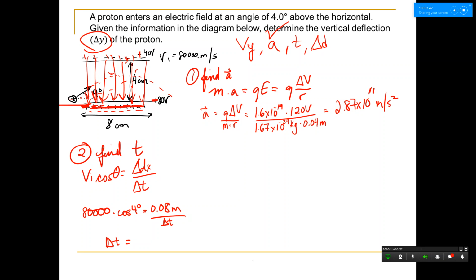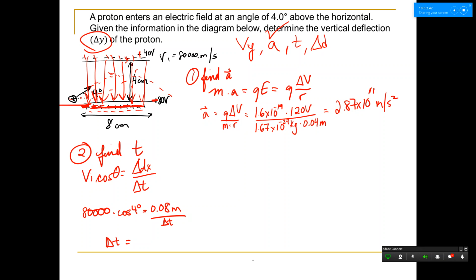Yep, you have an answer? You could, but on the x-axis, there is no acceleration, right? So you're going to get vf squared is going to equal to the vertical deflection. Correct.